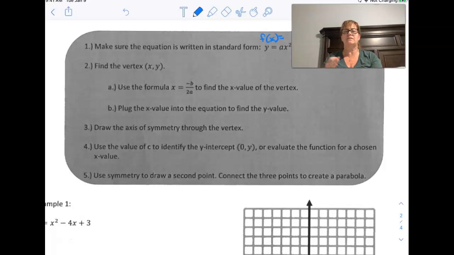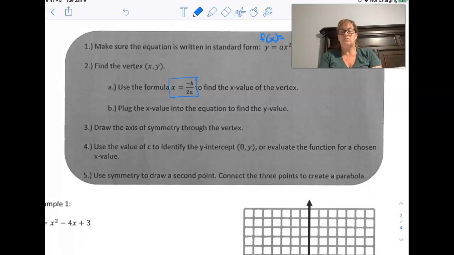Step two, find the vertex. And remember, the vertex point is always going to be written as a coordinate pair, x, y. So you've got two steps here. First, you need to find what your x value is. To find your x value, you set up this formula. X equals negative b divided by 2a.